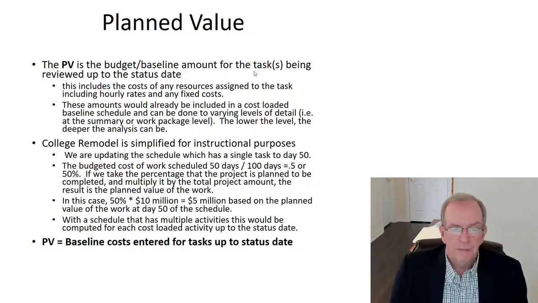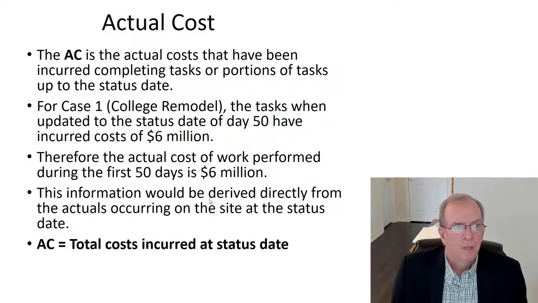With a schedule that has multiple activities, this would be computed for each cost-loaded activity up to the status date, so you would know what that's supposed to be. So plan value equals baseline costs entered for tasks up to the status date.